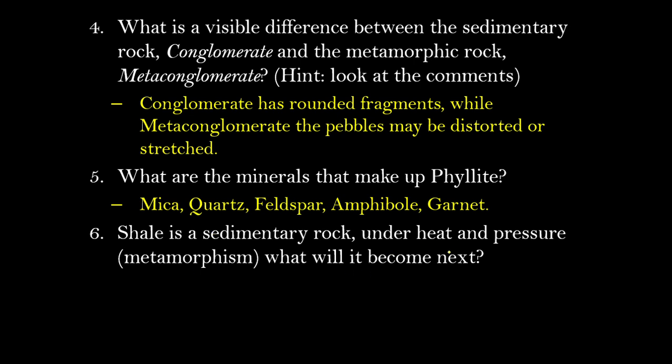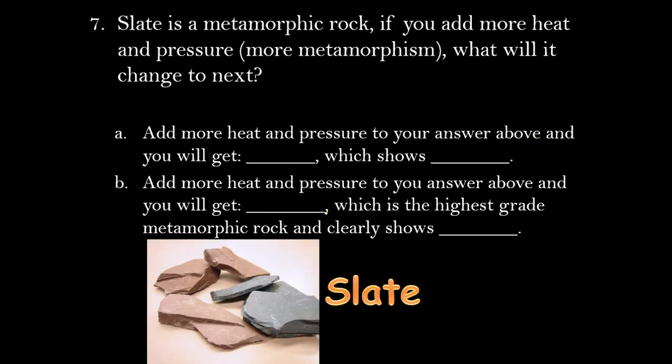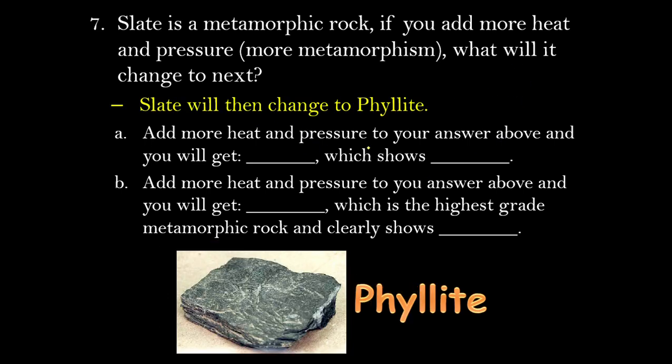Shale is a sedimentary rock. If we put it under heat and pressure, metamorphism, what will it become next? You saw it, but here is shale. Shale will become the metamorphic rock slate. All right, and we follow this through. If slate is a metamorphic rock, add more heat and pressure, slate becomes phyllite. And so this is what slate looks like.